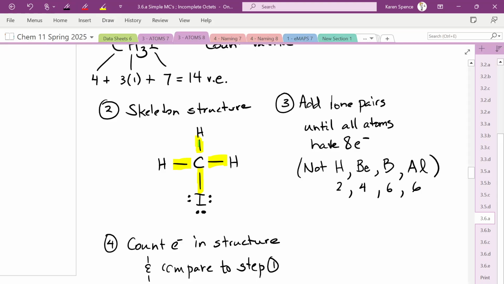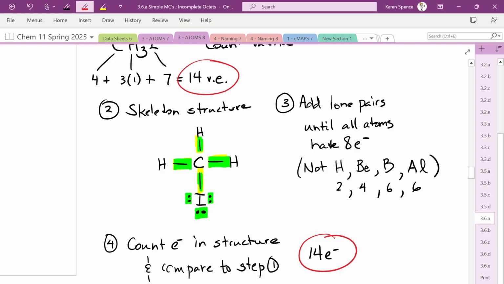We have 2, 4, 6, 8, 10, 12, 14. Is that the same as in step 1? Yes. And if that is the case, then you're just done. Okay? Done. Unless it's an ion, in which case we'll do something different, but we're not learning ions today.